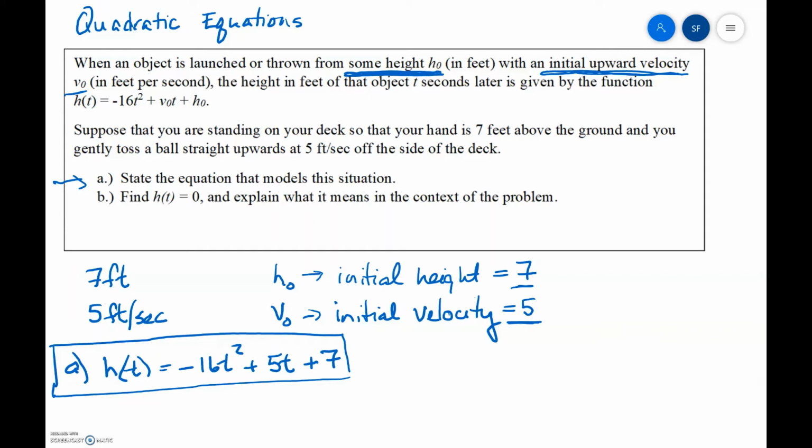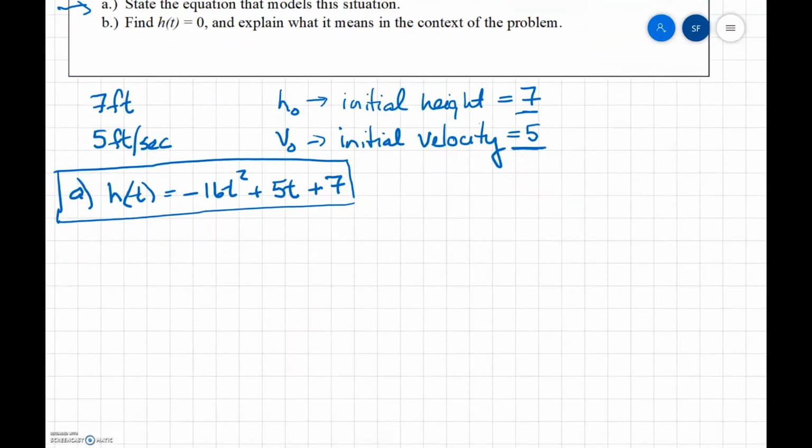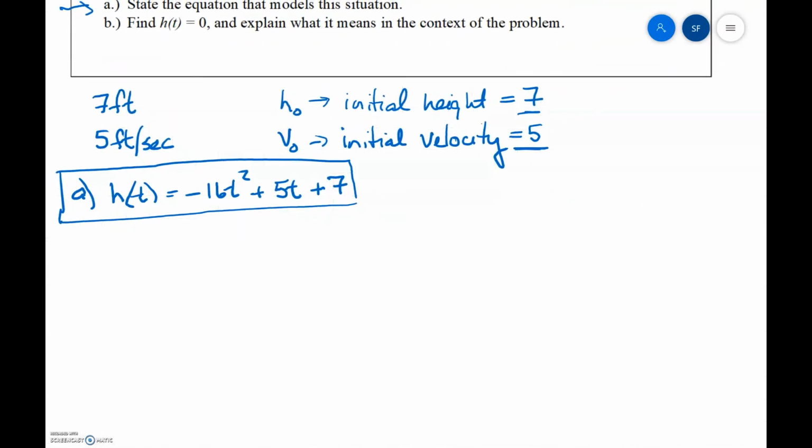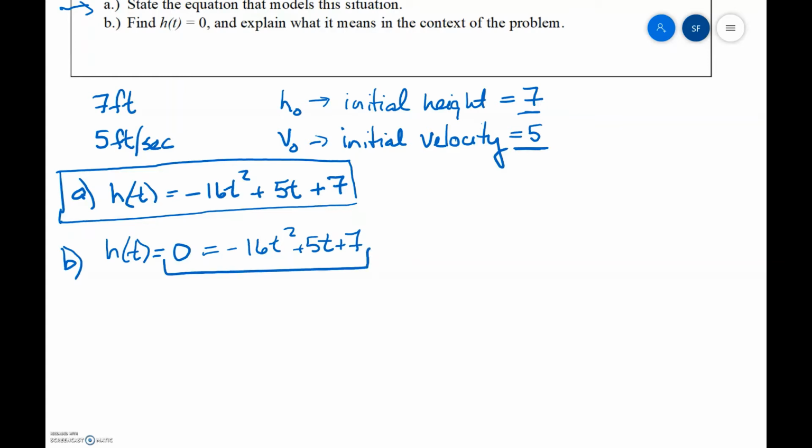Okay, so part B says, let's set this equal to 0 and explain what it means in the context of the problem. So I want to take h of t and set it equal to 0. Well, h of t is this entire thing, so we're looking at this part of it.